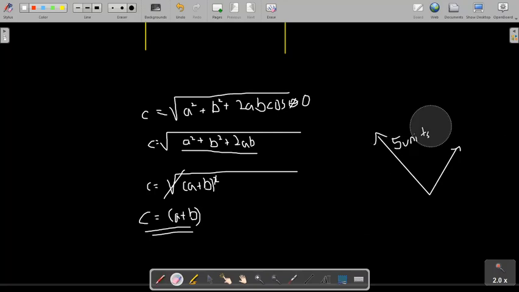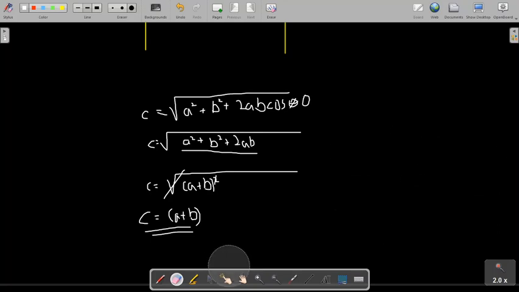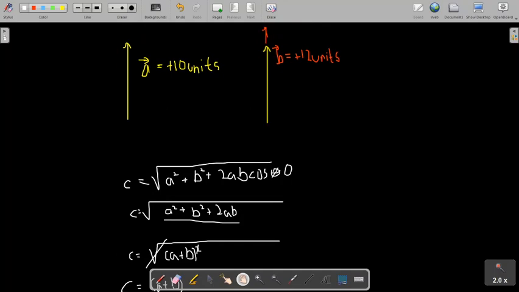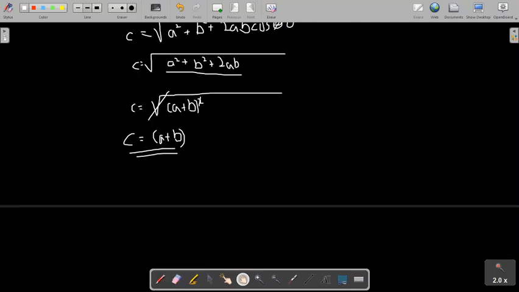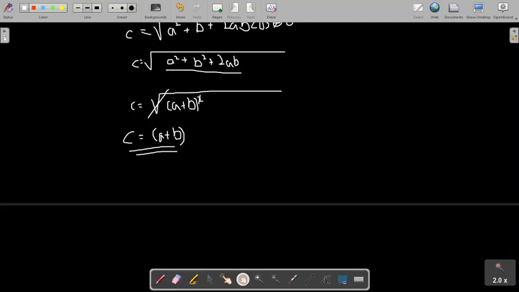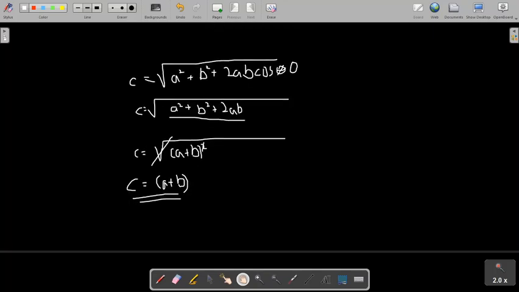We would need to resolve them, or solve it by some other method. So when we talk about the addition of vectors pointing in the same direction in one dimension, we simply take the magnitudes of the respective vectors and add them up to get the magnitude of the resultant.